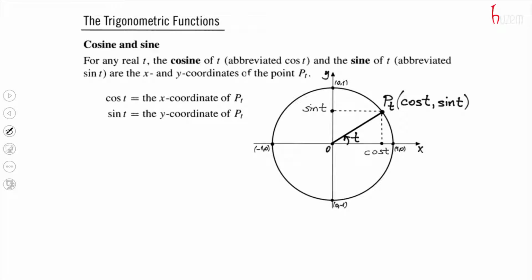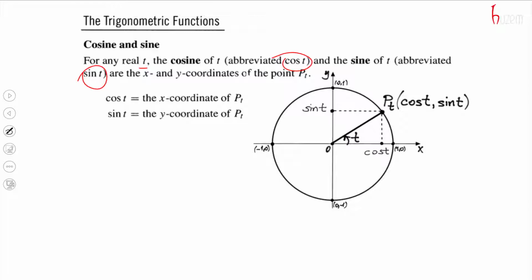For any real t, the cosine of t, abbreviated to cosine t, and sine of t, abbreviated to sine t, are the x, y coordinates of any point corresponding to the angle on the unit circle.